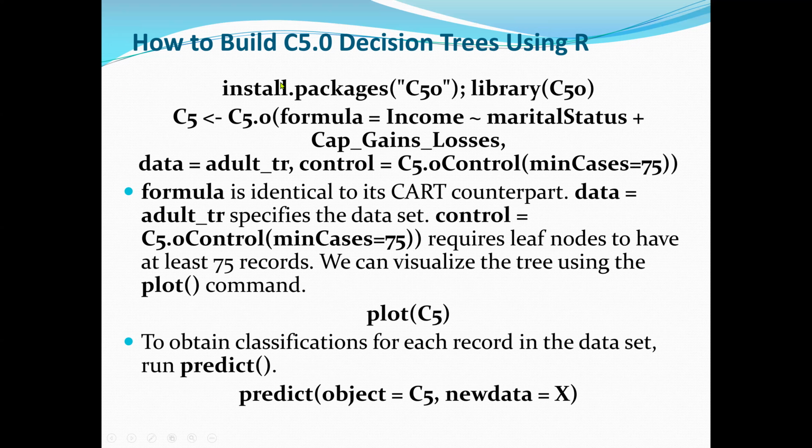So first, we need the data. Second, we have to install the package. Third, we have to use the library function in order to use the package to build our model.